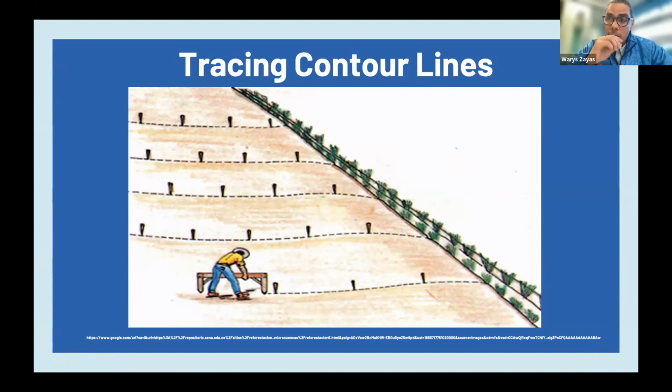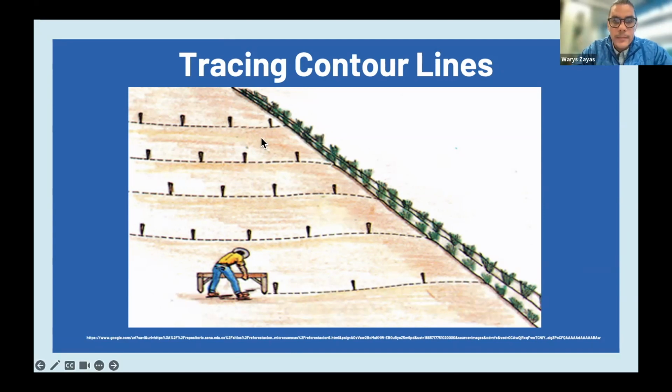This is not necessary to do the line tracing, but it is good to start, and it will help you do the work more efficiently. So the first thing you need to do is determine the area of the slope that you want to work, that you want to cover.